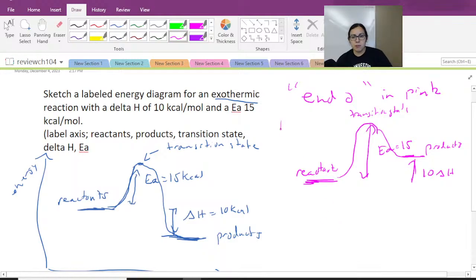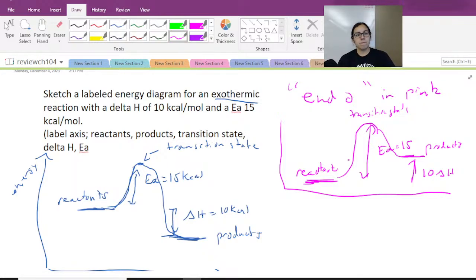So yeah, it would look something like that if it was endothermic. Just note your 10 and your 15 for your activation energy. Wouldn't delta H be negative in this? It doesn't matter the sign too much because it's just a difference.